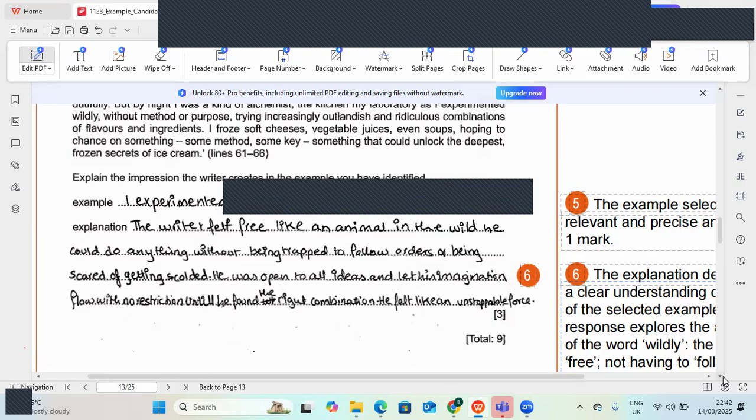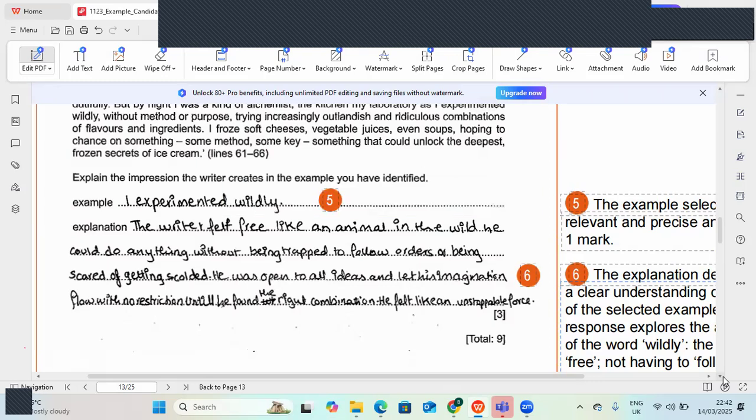He felt like an unstoppable force. So this is the kind of explanation that you can give here, that what that one small phrase means, and how writers use language to convey the entire expression. Okay. See, one word, wild, has the entire thing based upon it. Okay.